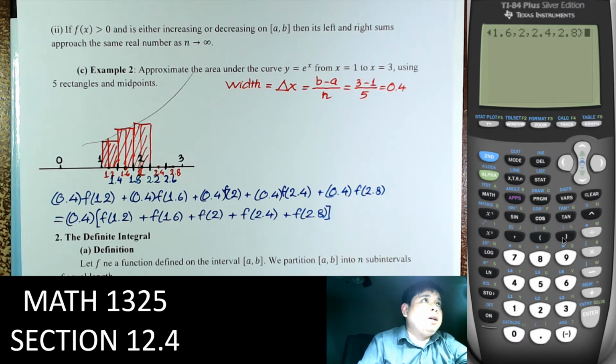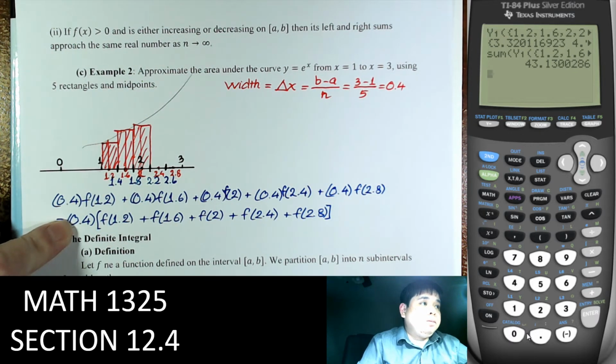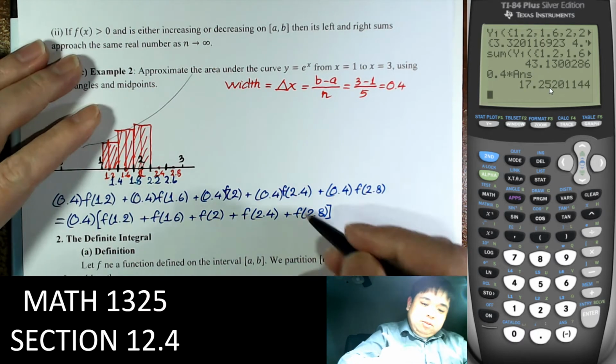Close the curly bracket. And I just need to add all of this up. Second, stat, option number 5, and we add everything above. But then again, we have to multiply by the width. 0.4 times, second, the last answer. So 0.4 times that is 17.25.